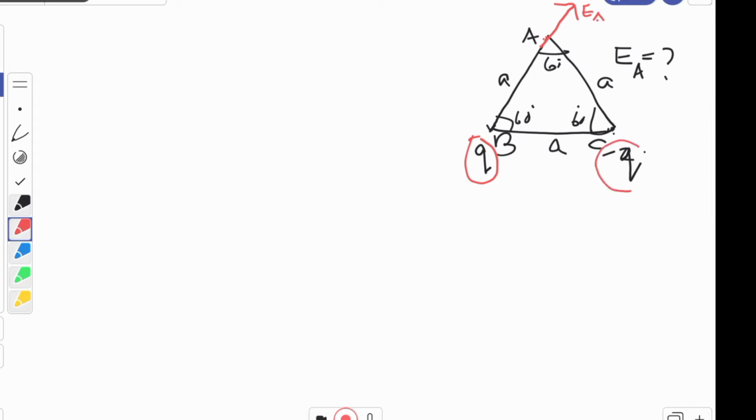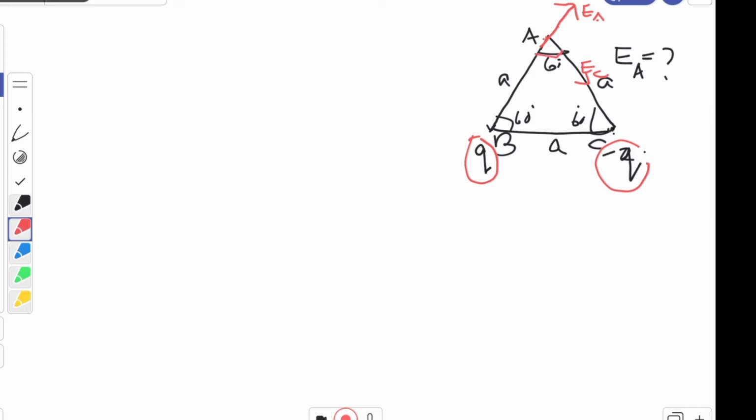Now due to minus Q, the field will be towards this charge. So this is your EC. Clear, children? Remember, for positive charge, field is always away from the charge. For negative charge, field is always towards the charge.